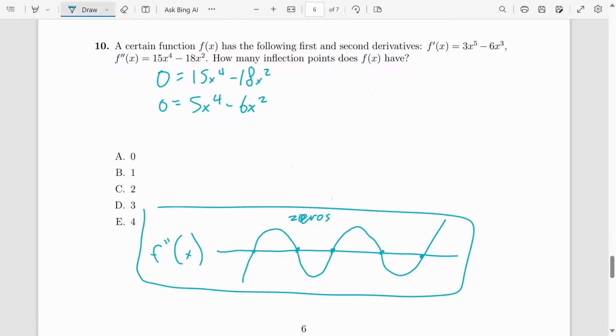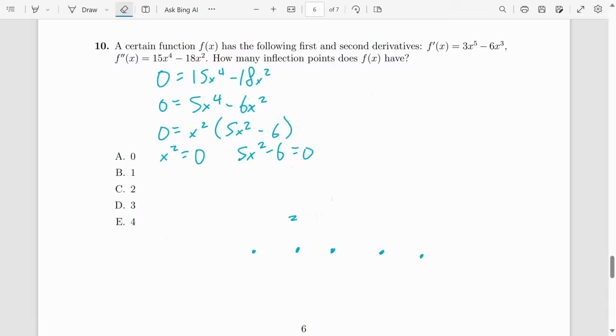Looks like we can take an x squared out of both of these terms, and we'll get 0 equals x squared times 5x squared minus 6. Now we can break this off into two different equations. So we've got x squared equals 0 and 5x squared minus 6 equals 0. And we can just solve each of them independently.